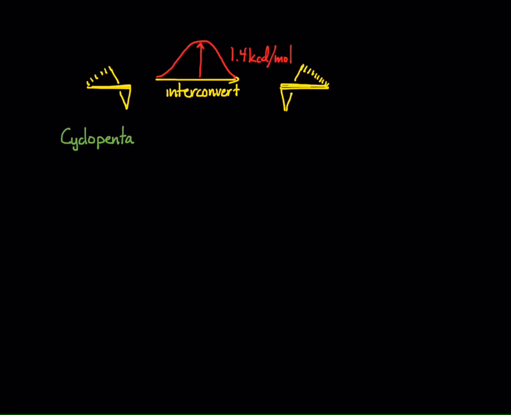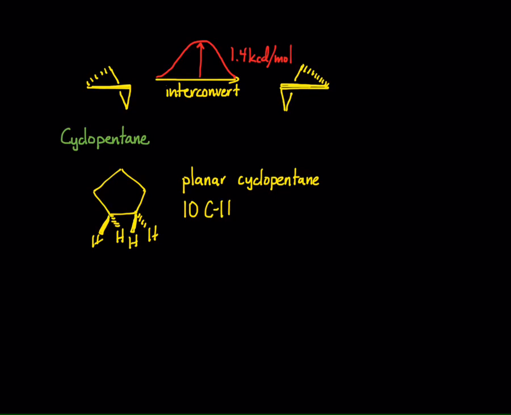All right, so let's look at cyclopentane. Now, cyclopentane, if we were to draw it planar, again, going back to geometry, we see the bond angle of that ring. I'm going to give you a little bit of time to think about what that bond angle is. See if you can remember what that bond angle is.